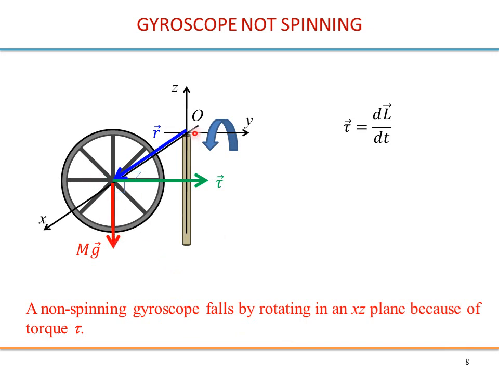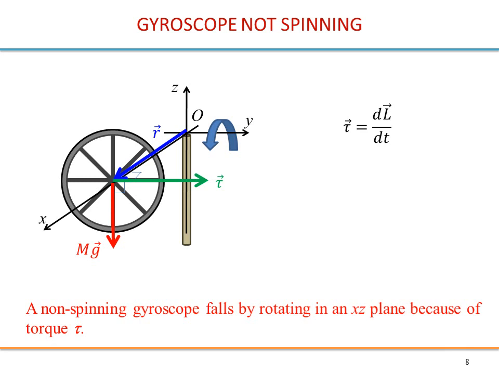This object will in fact rotate about the origin and fall on the floor. Newton's second law says that the torque is dL/dt. So indeed it will rotate like this, it will fall on the floor.